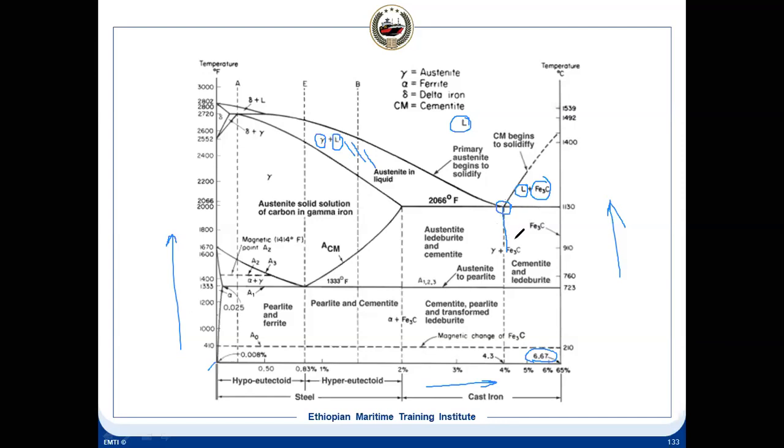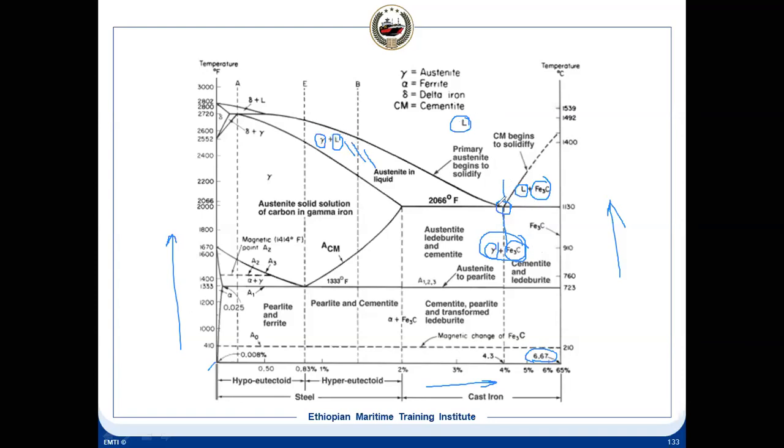Below this point, it is austenite and carbide. This is gamma, which is austenite, and this is carbide. So this is two phase. Above this, it is liquid. And this side, it is transforming, it means it is changing state. There will be gamma plus liquid. Some liquid will be there.